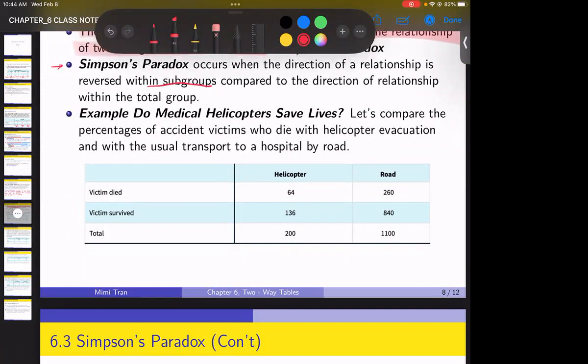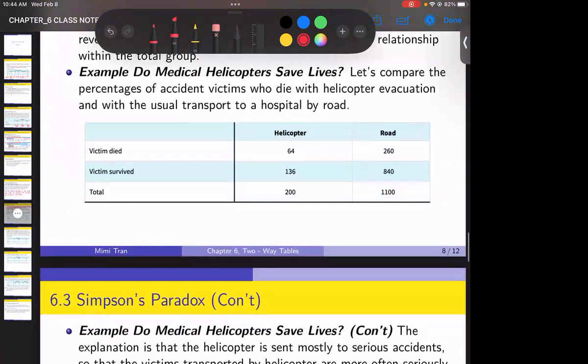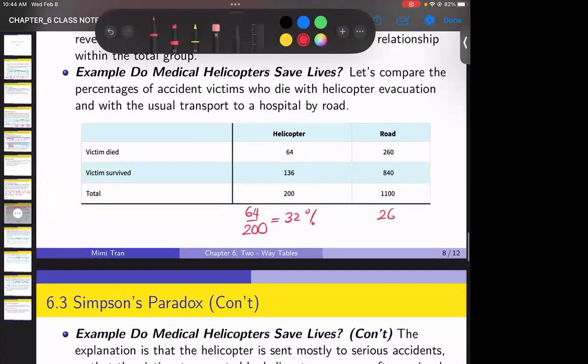So let me calculate that distribution. 64 divided by 200 is 32%. And then for road transportation it's 260 out of 1100, which is roughly 24%.